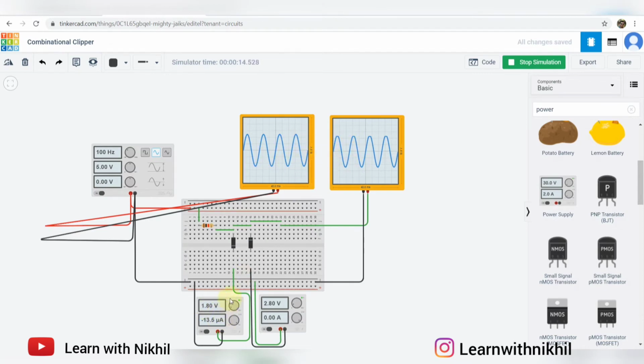Now if I change this voltage across this diode, you can see the positive peak is changed. So the clipping amplitude changes with this voltage. So you can change the clipping amplitude.